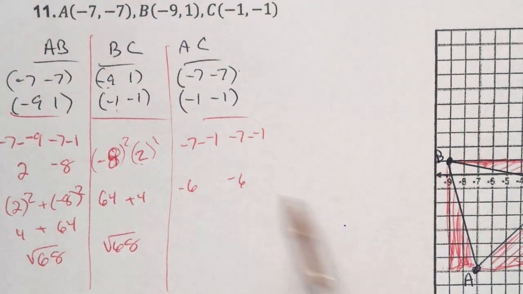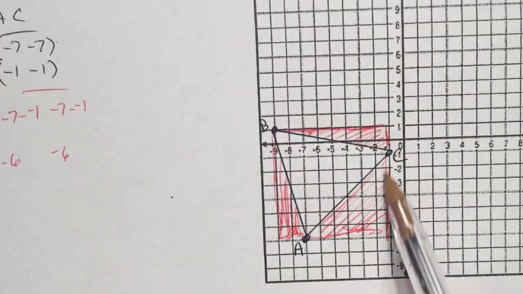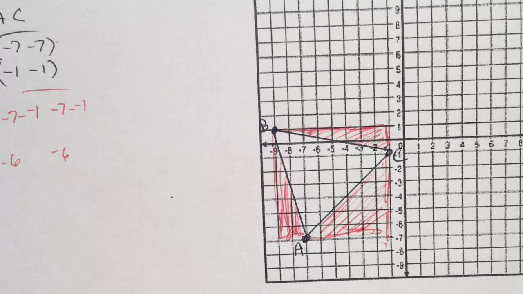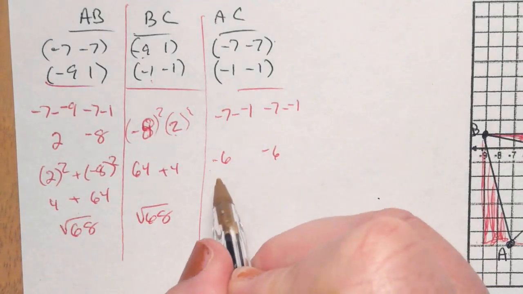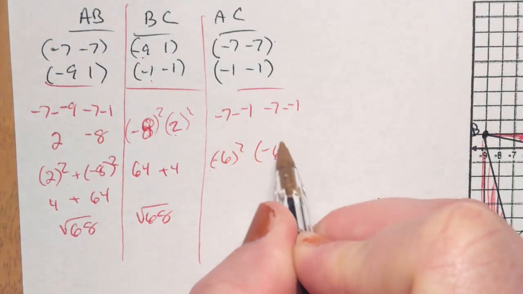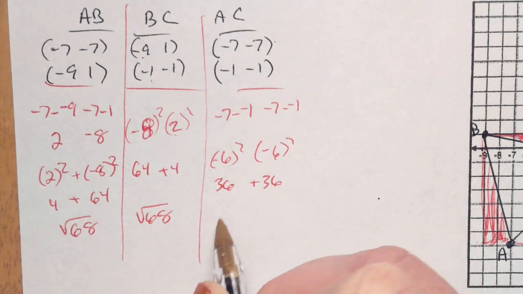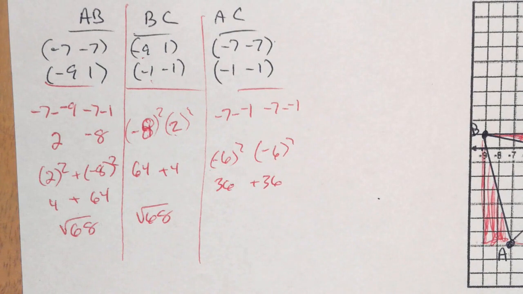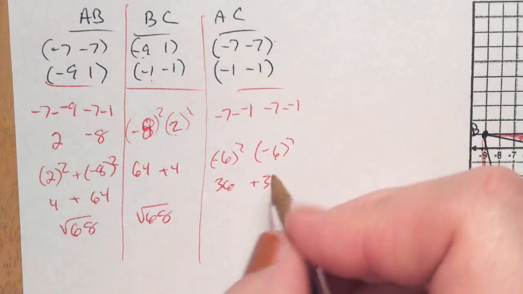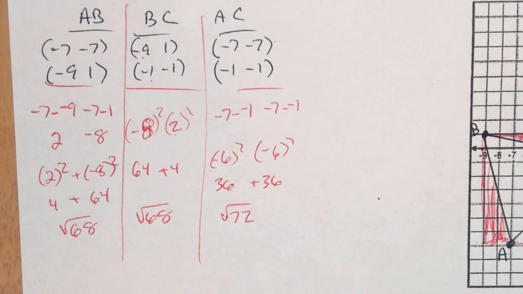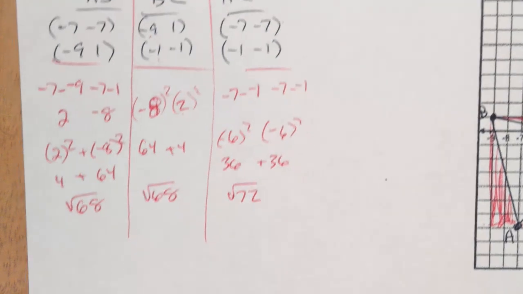So we're saying it's a 6 by 6 triangle. Yep, that's 6 hops, that's 6 hops. Square those, and we get 36 plus 36, you get the square root of 72. Okay, and we can leave it just like that.